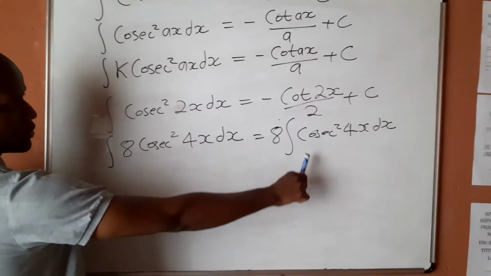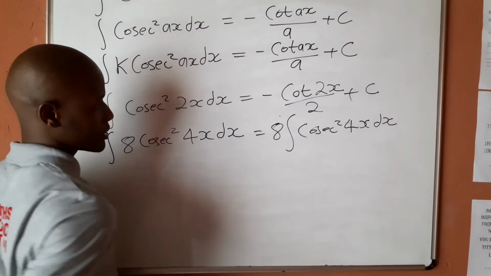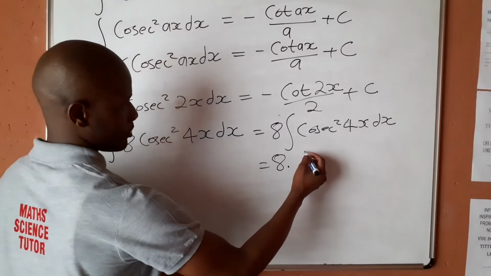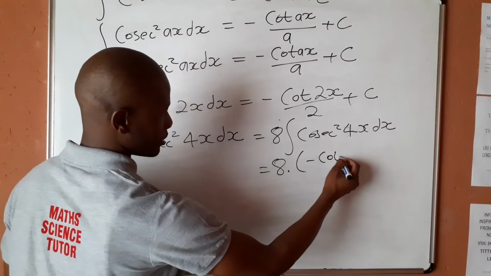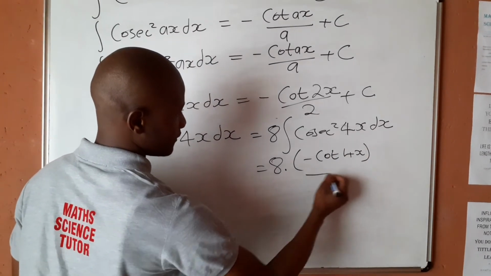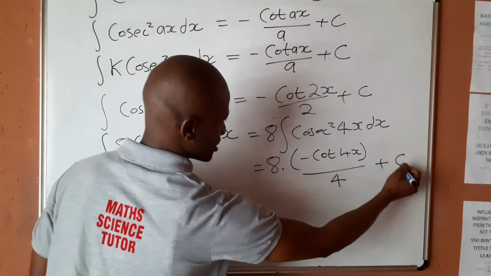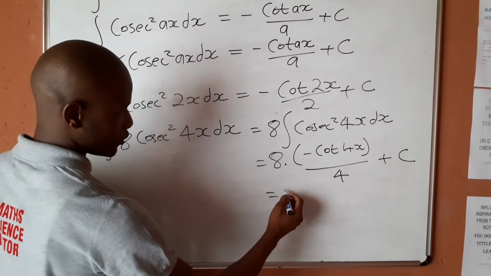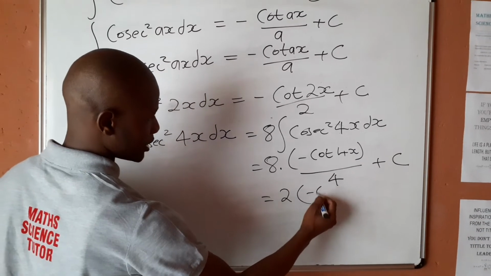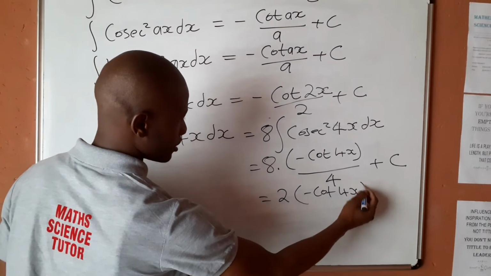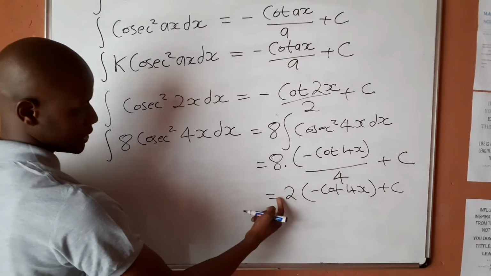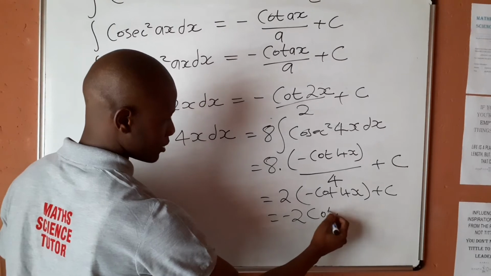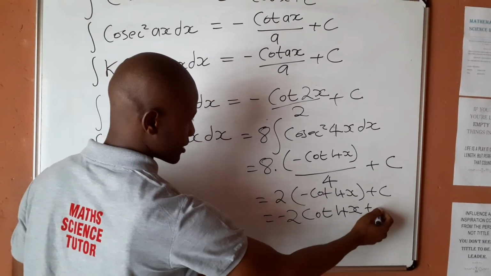So now we integrate cosec squared 4x dx, which is 8 multiplied by negative cot 4x divided by 4 plus c. So 8 divided by 4 is going to be 2 into negative cot 4x plus c. Therefore, negative times positive is negative 2 cot 4x plus c.